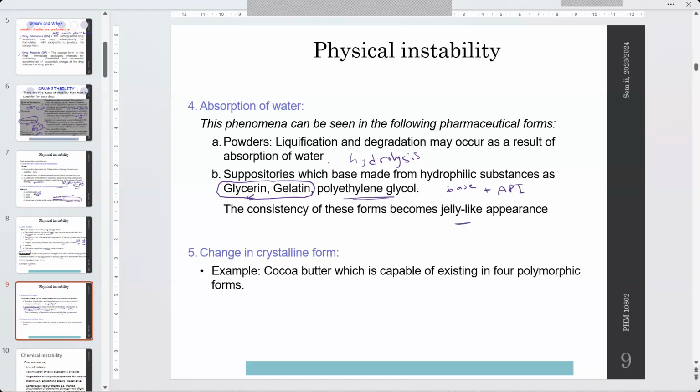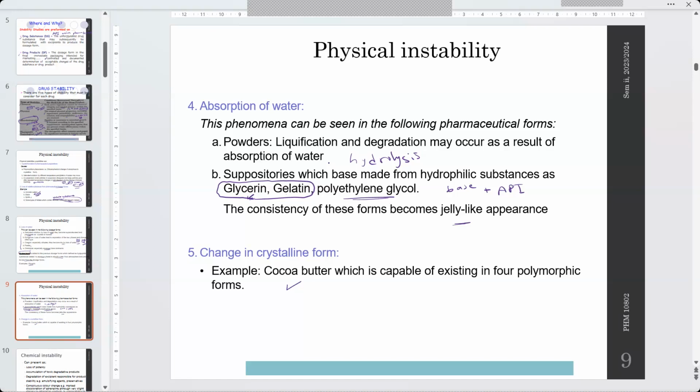Some of the other change in crystalline form, as it's supposed to be number one, we talk about physical instabilities. We give the example of chloramphenicol. This is another example, cocoa butter. Cocoa butter is another suppository base. We use it to make suppositories. Cocoa butter is available in different morphs, so it also shows polymorphism.